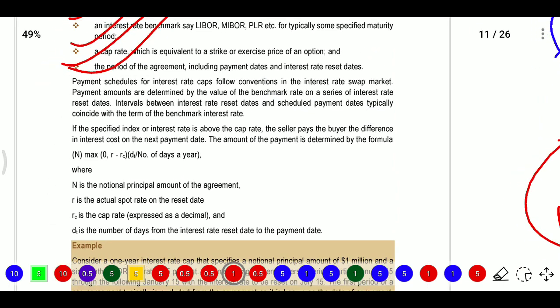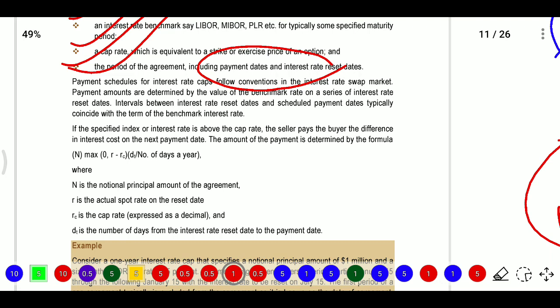Now the payment schedule for an interest rate cap follows the convention in the interest rate market. Convention means we consider the same dates for all months, with 30 days per month. Payment amounts are determined by the value of the benchmark rate on a series of interest rate reset dates.